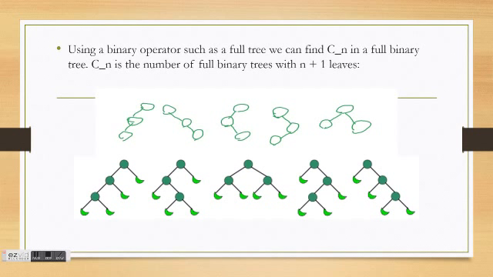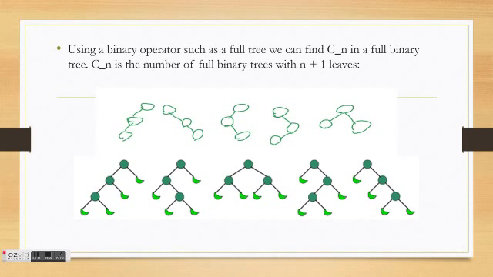Using a binary tree, such as a full binary tree, we can find the Catalan number. Let's say we wanted 3. Here are my poorly drawn trees with 3 nodes in each. What we want to do is add leaves to these nodes to make the whole tree full.